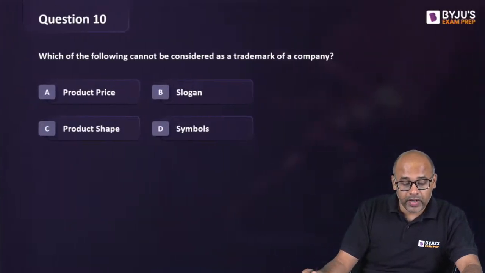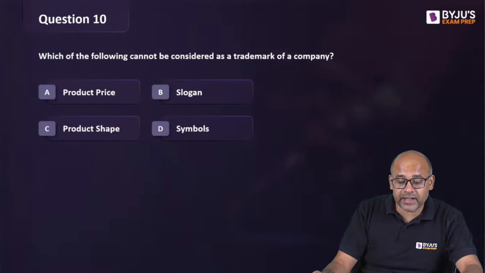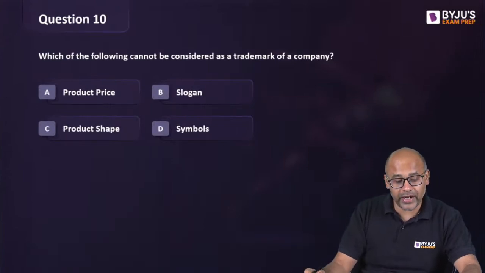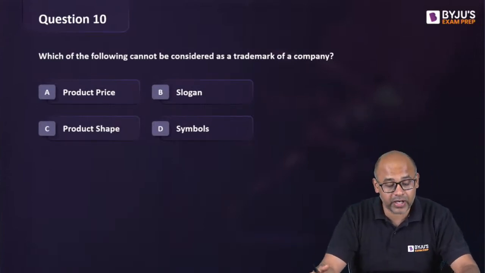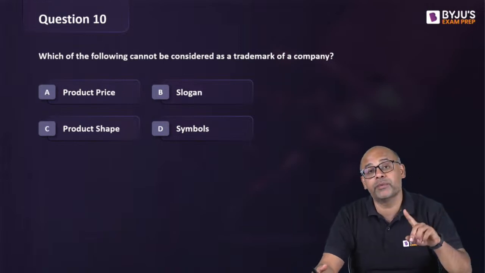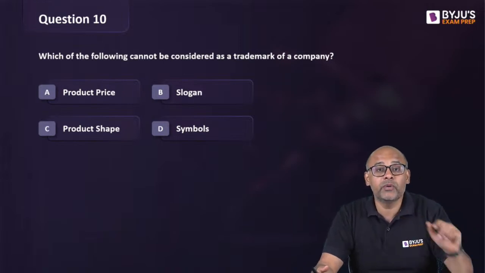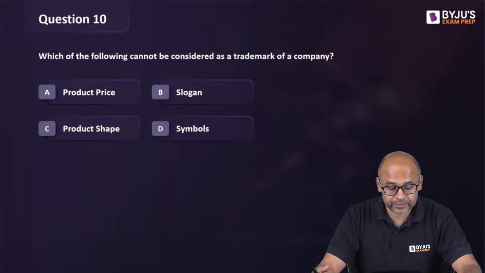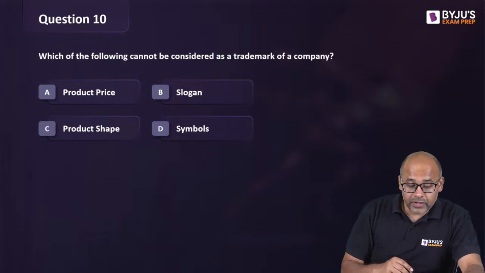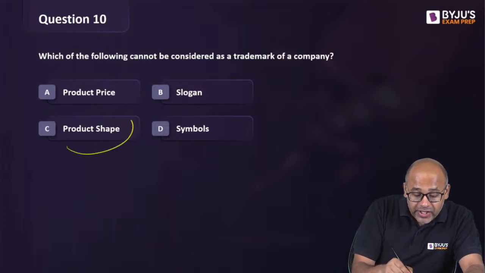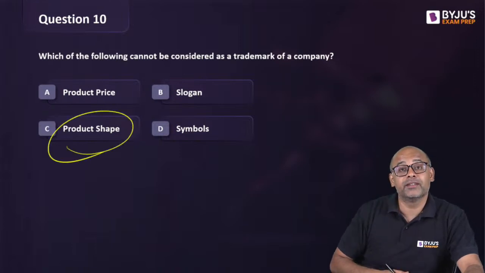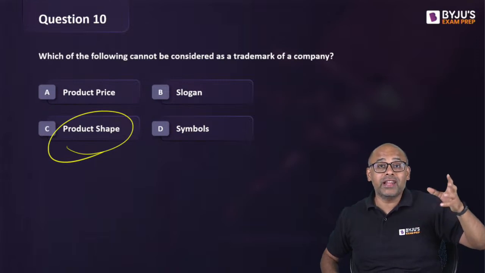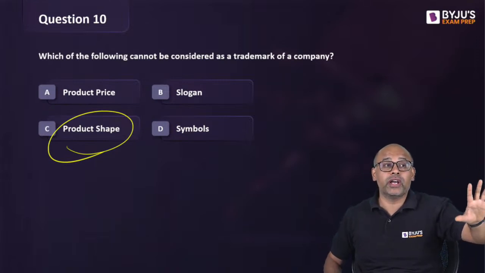Okay. Next, which of the following cannot be considered as a trademark of a company? Go ahead, take a look at it and see. This we did not come across directly. We have seen what is the meaning of trademark. Now tell me what is the correct answer to this. Okay, great. So product shape can actually be a trademark. It is my product and this is the shape that I want to show always.